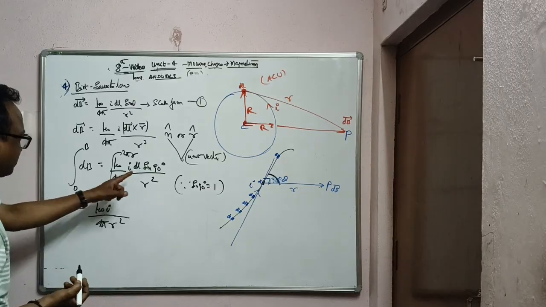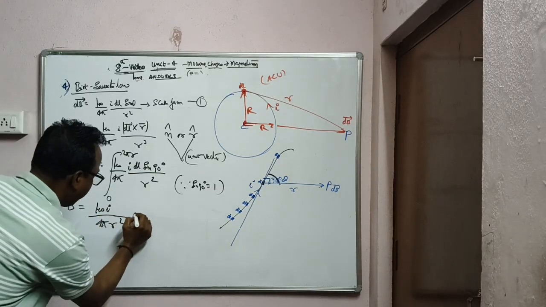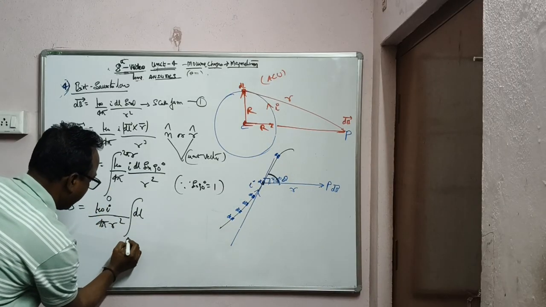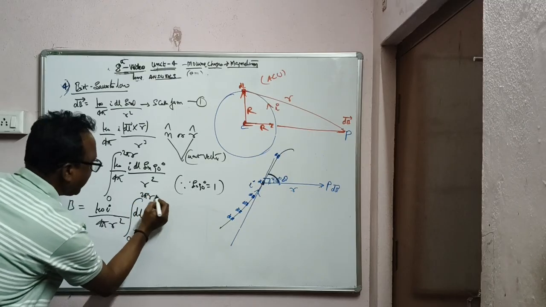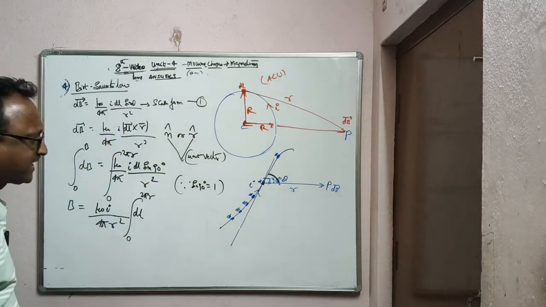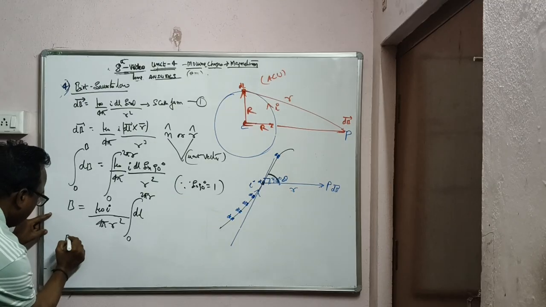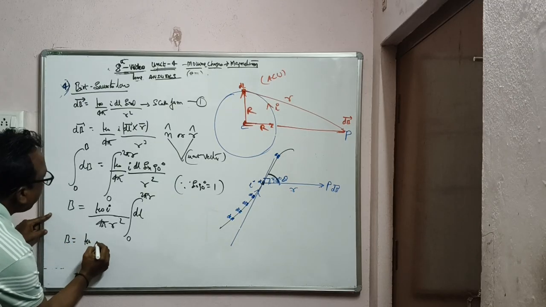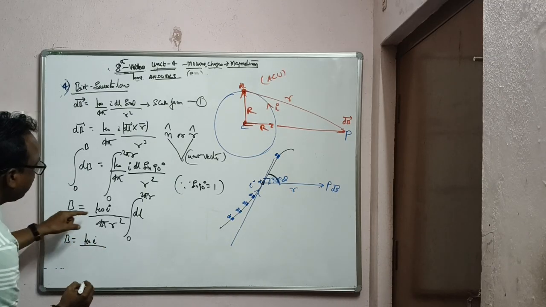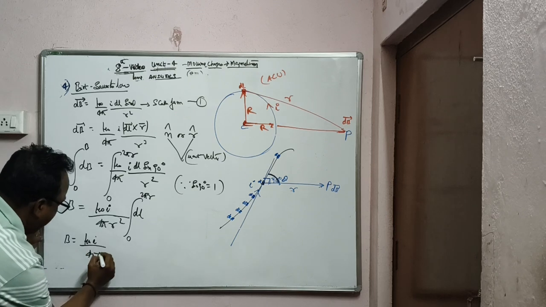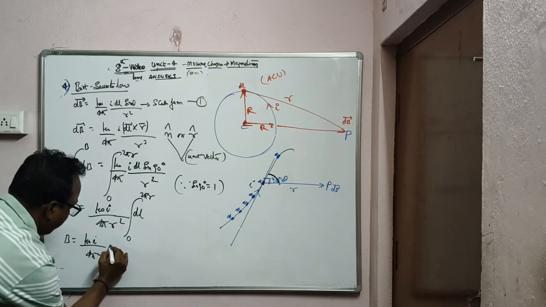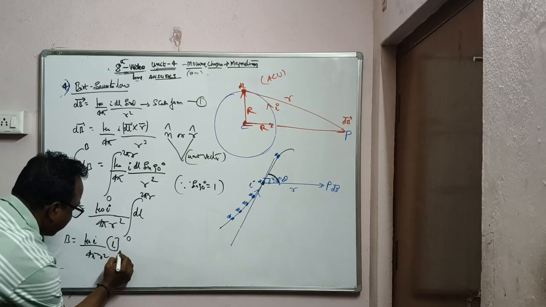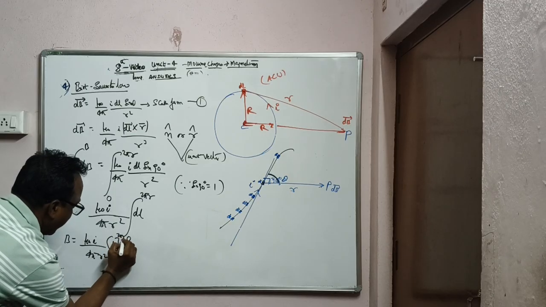Now sin 90 is 1, and inside we have dl, integral from 0 to 2 pi r, because for a circular coil you want the field at the center. So B is equal to mu naught I by 4 pi r square, integral of dl with limits 0 to 2 pi r.